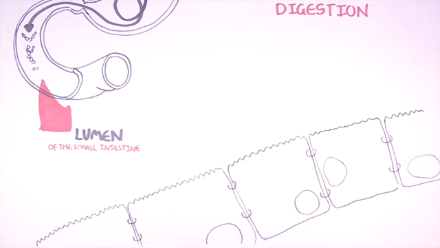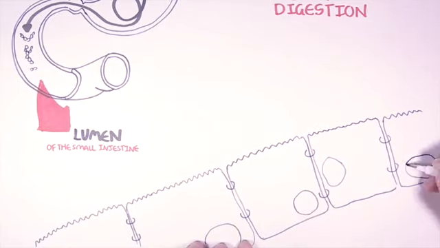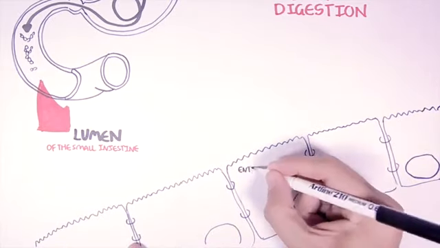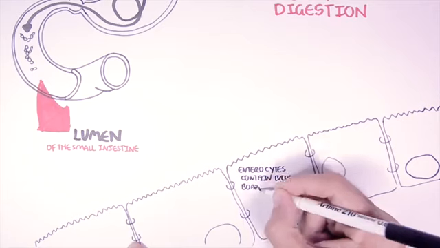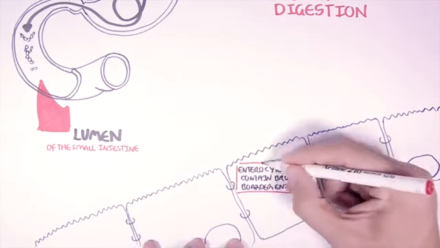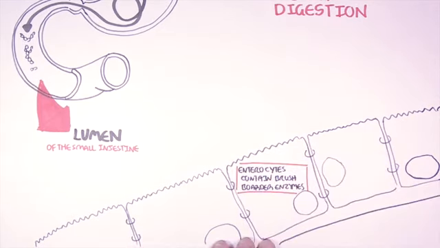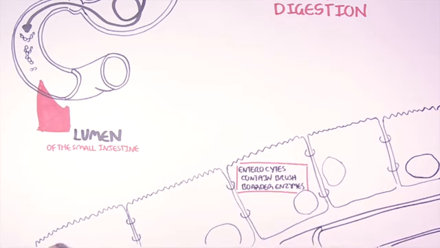The enterocytes are also called the absorptive cells because they absorb the nutrients. But the enterocytes also contain enzymes called brush border enzymes that play a role in the digestion of starch. Below the enterocytes, we have the bloodstream.